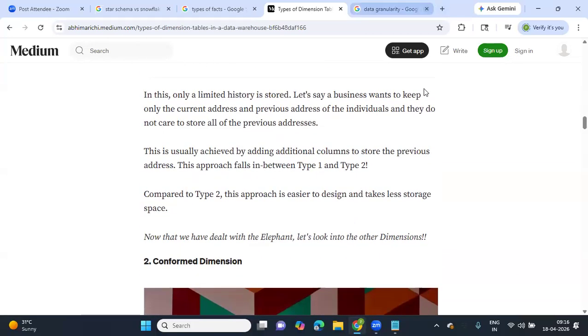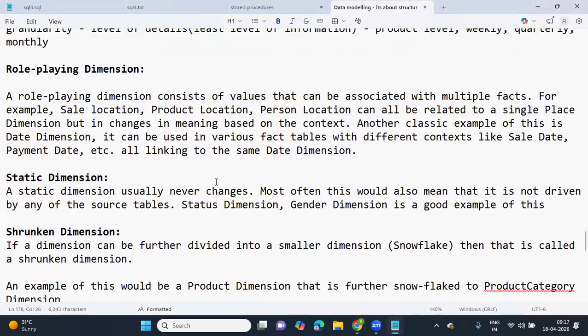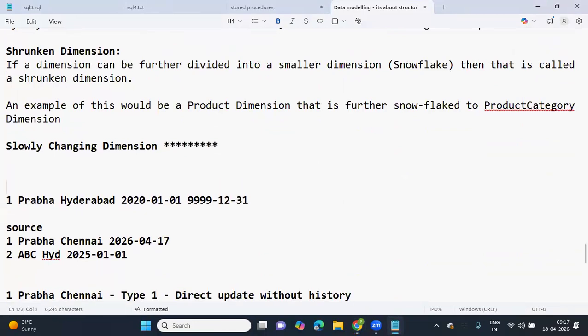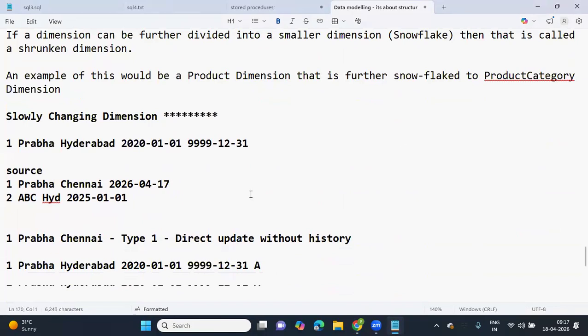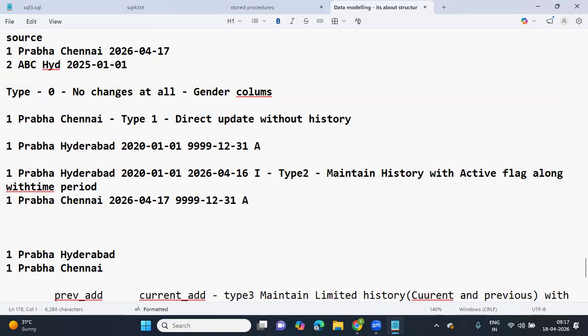Somebody might also refer to it as type 0. Type 0, no changes at all. Let's say the gender column. The person cannot change his gender throughout his life, right?